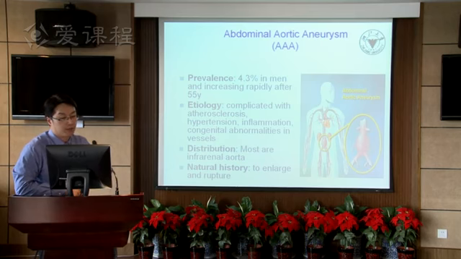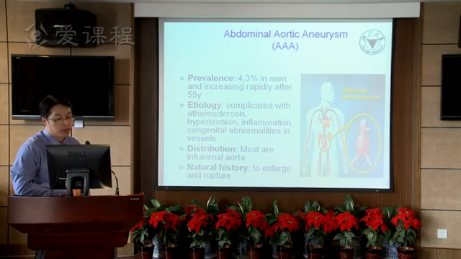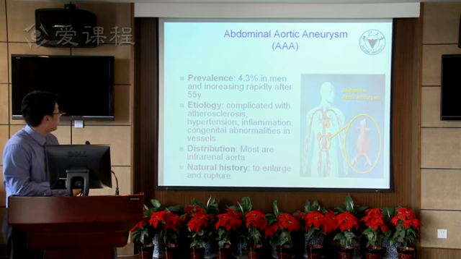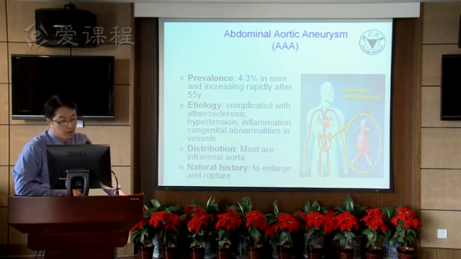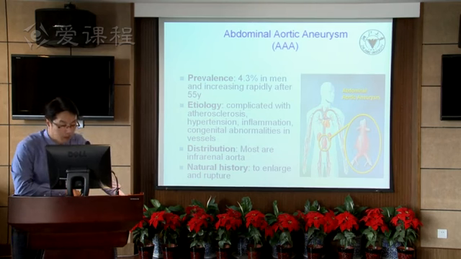Abdominal aortic aneurysm is AAA. Its prevalence is 4.3% in men and increases rapidly after 55 years old. Its etiology is associated with atherosclerosis, hypertension, inflammation, congenital abnormalities in vessels.